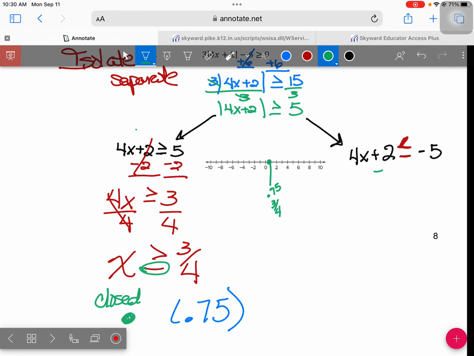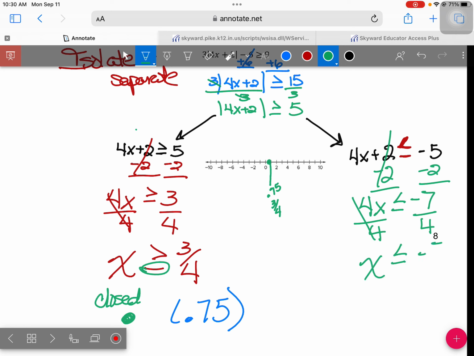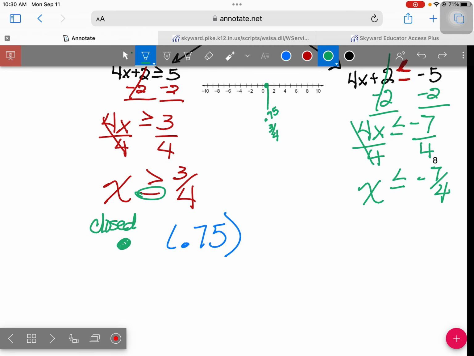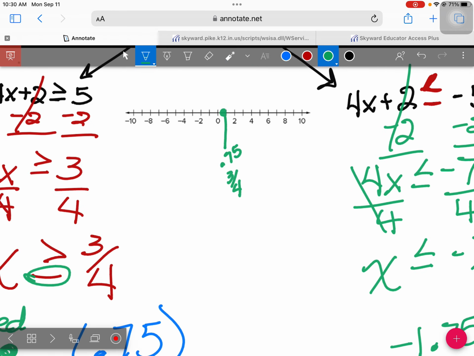Now, let's take a look at the signs. Again, that's a closed circle. This first one says x is greater than or equal to 3/4. Greater than, so that means it should be going out. It's bigger than 3/4. This other one says x is less than or equal to negative 7/4.